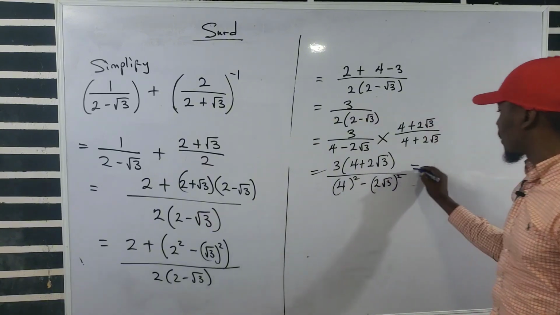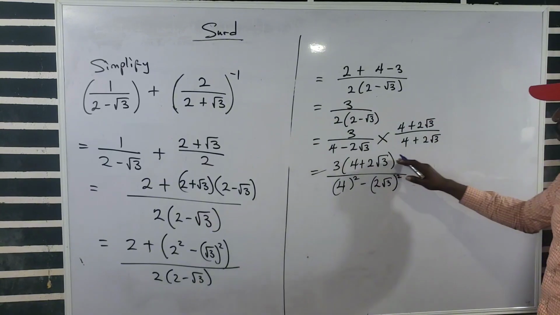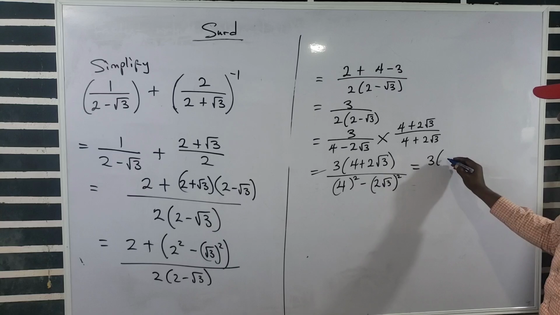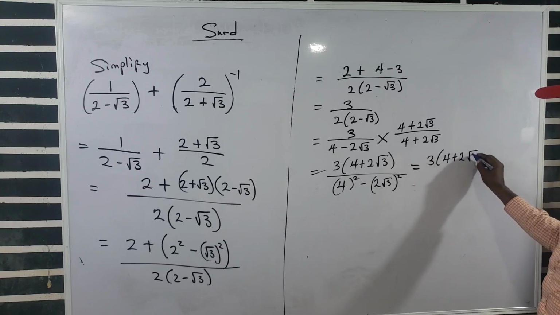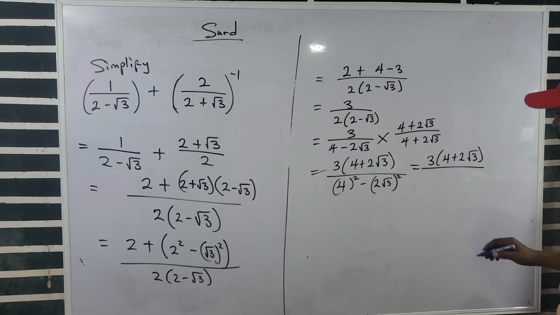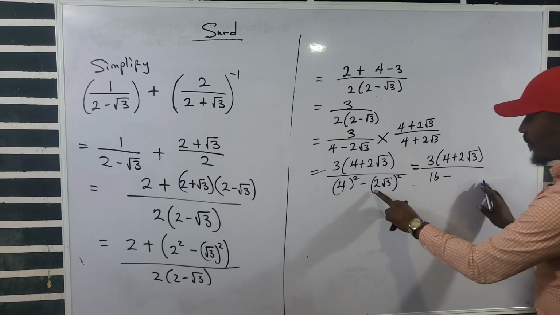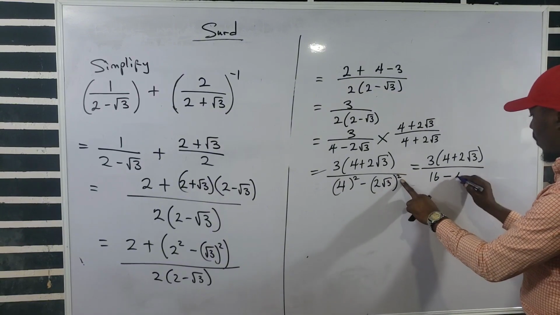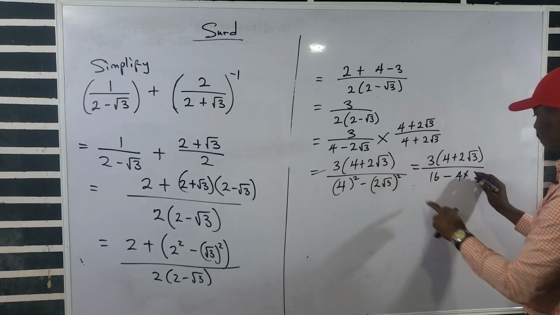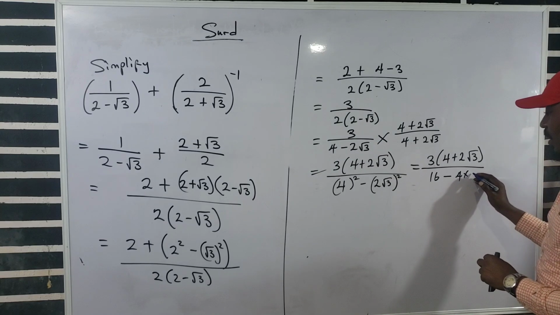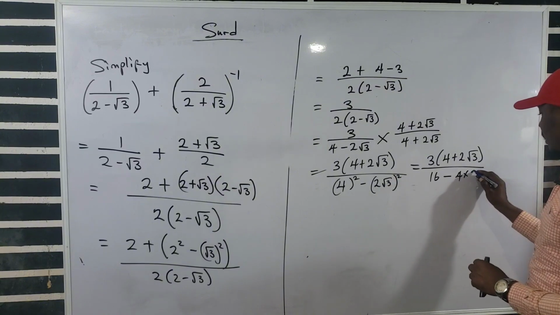So that will give us, if you open that, okay, let's still leave it, √3 into 4 plus 2√3 all over, this one here will give us 16 minus 4 square, 2 square will give us 4 times √3 square will give us 3.